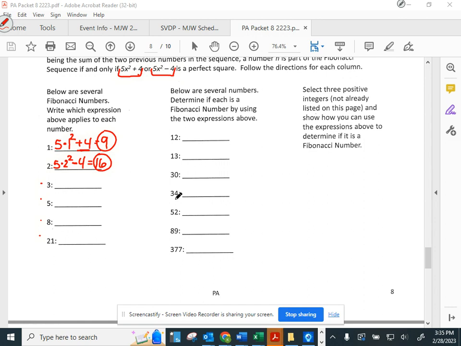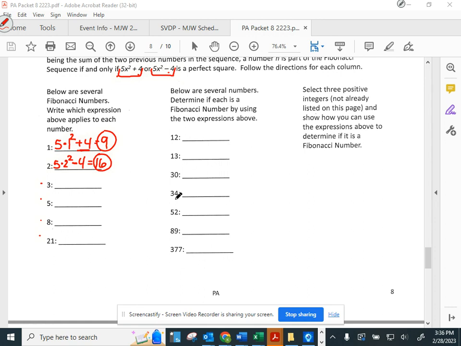In the second column, there are several numbers that we need to determine, are they a part of the Fibonacci sequence? Is it a Fibonacci number? So we're going to use these two equations, and we're going to see if we get a perfect square. Now, the easy way to do this is, you're going to be getting some big numbers. I have perfect squares memorized only up to a certain point.